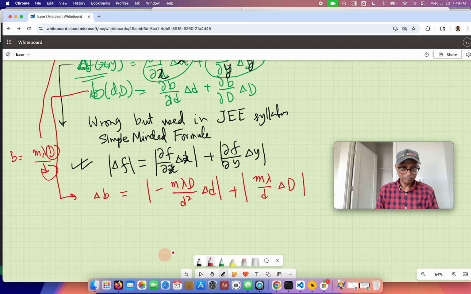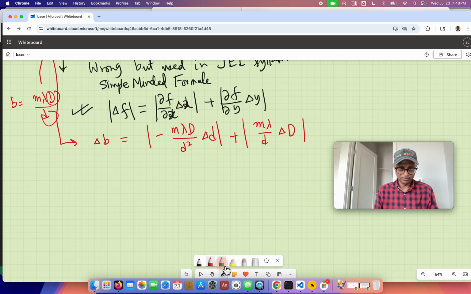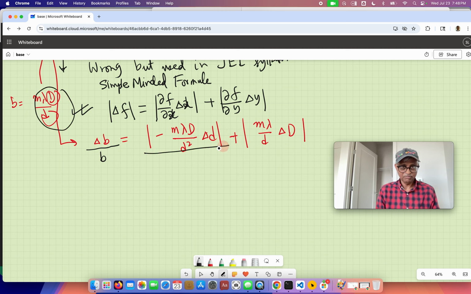you can do a little better in terms of calculation and preventing error from happening by dividing everything by b, by this formula. Dividing by b, it will kill m and lambda and D and 1 over d.